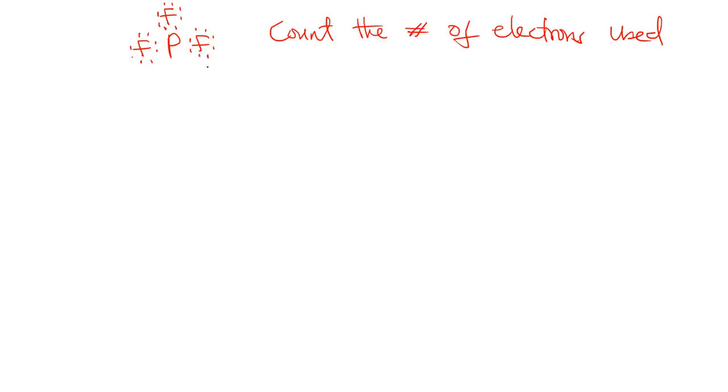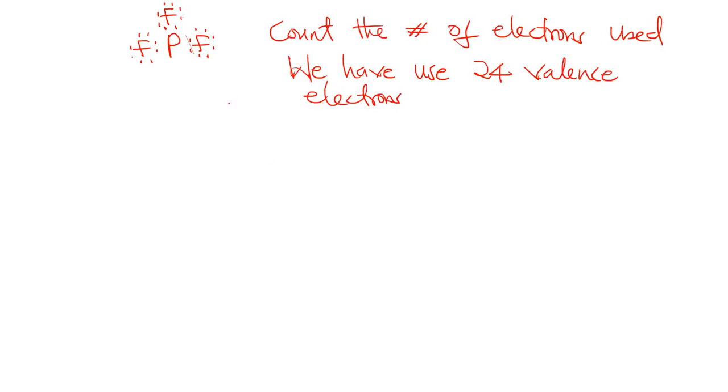So this is 8, 8, 8, which is 24. So we have used 24 valence electrons. So how many electrons are remaining?